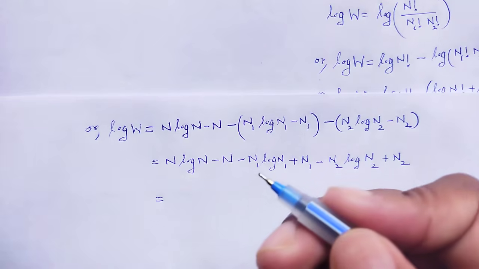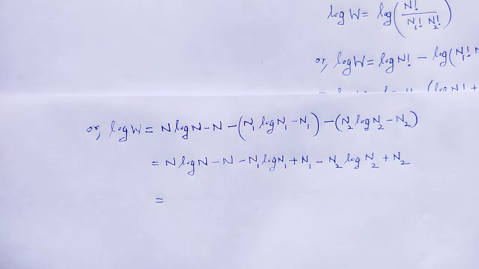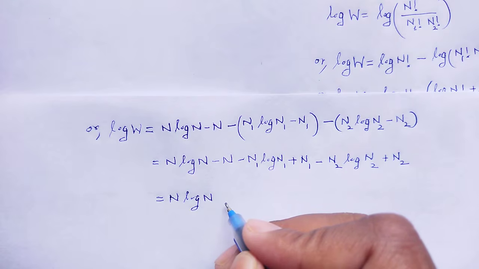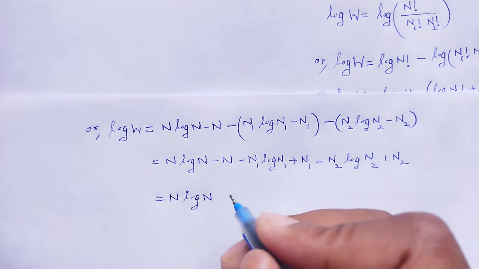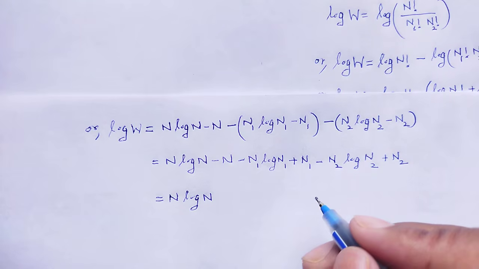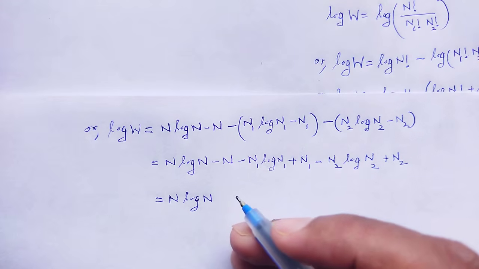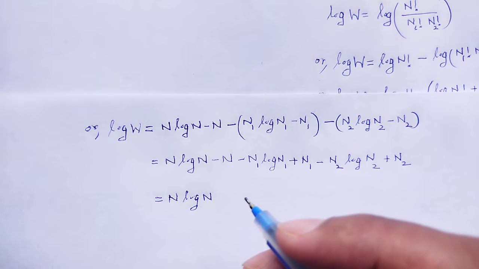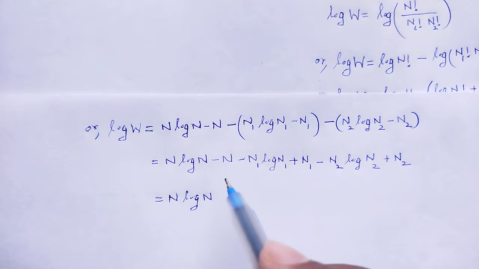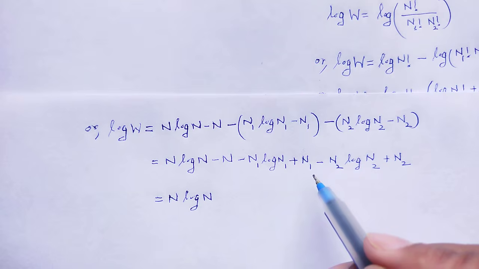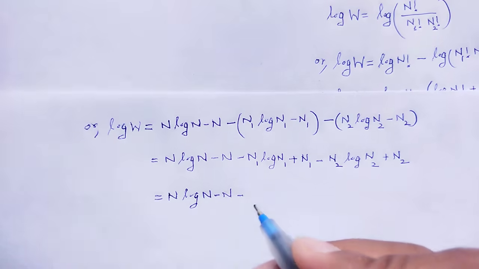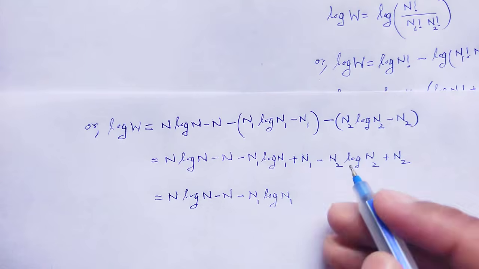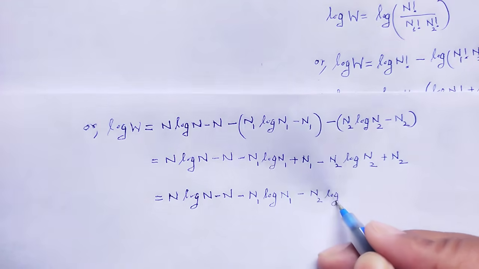Rearranging the terms, N log N minus N, minus N1 log N1, minus N2 log N2.